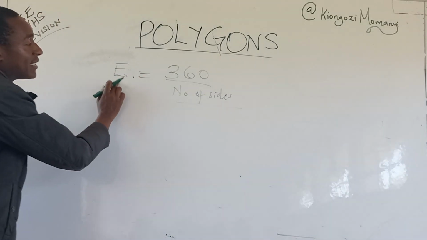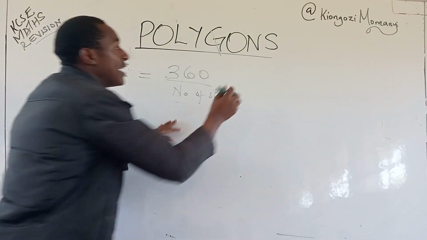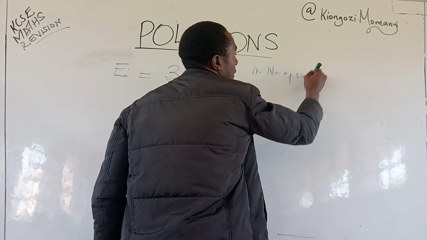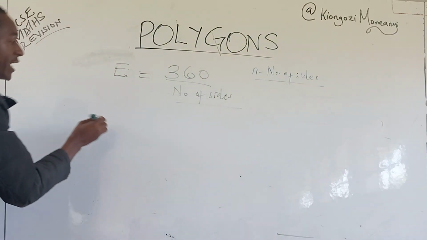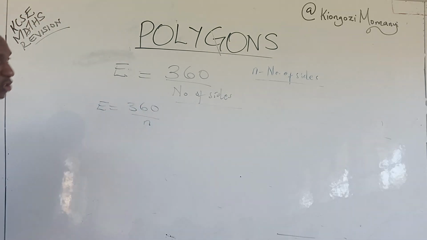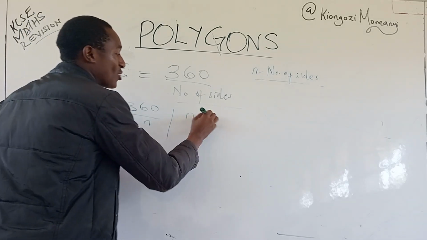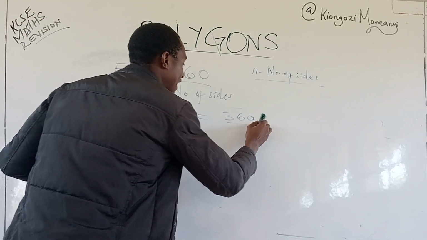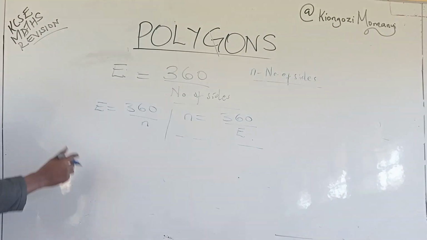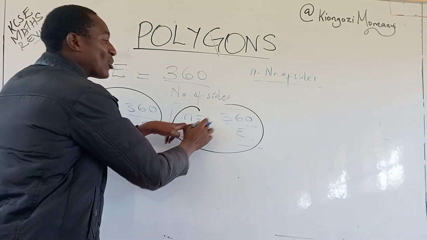So we get the exterior angle by saying 360 over number of sides. Remember, we use n for number of sides. This is a very easy formula: exterior is equal to 360 over n. Again, we can say n, the number of sides, is equal to 360 over exterior angle.